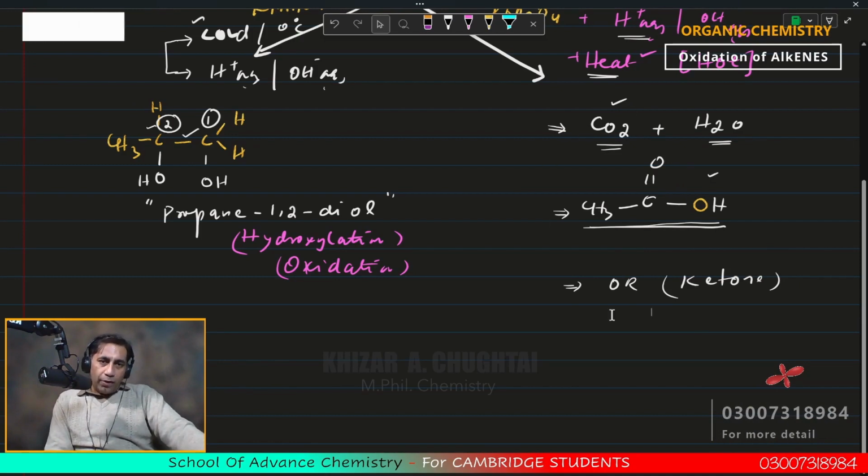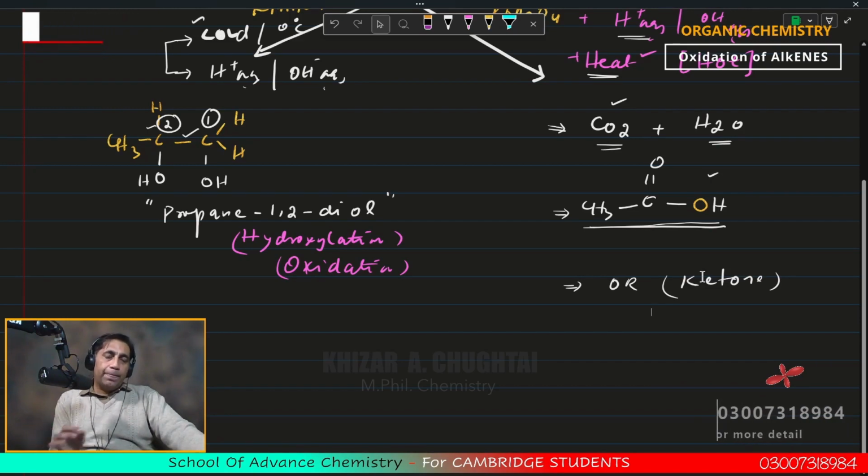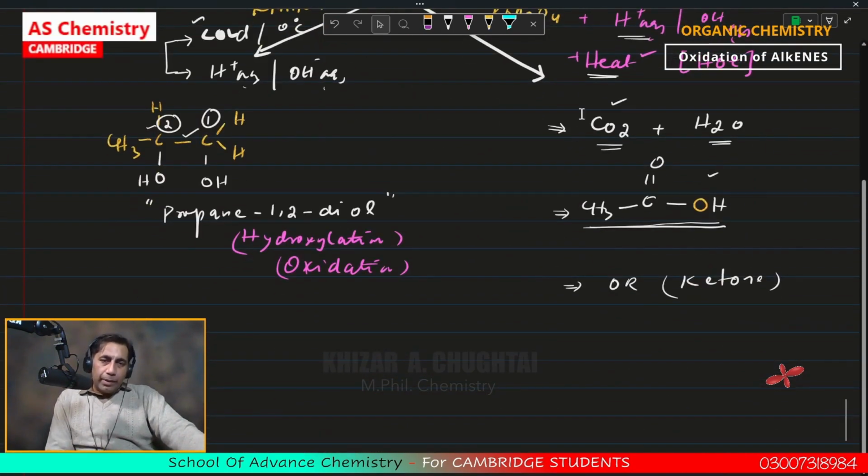So any one of CO2, acid, or ketone, or any two of them, will be formed whenever you oxidize a carbon-carbon double bond. Listen again: whenever you heat any alkene, it makes either CO2, acid, or ketone, any one of them, any two of them, and so on.